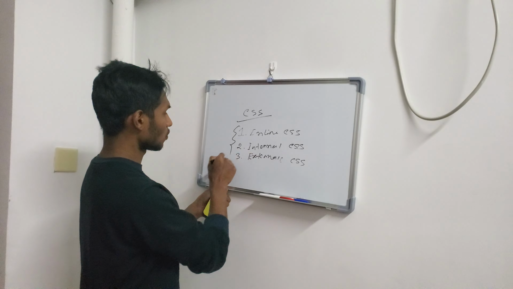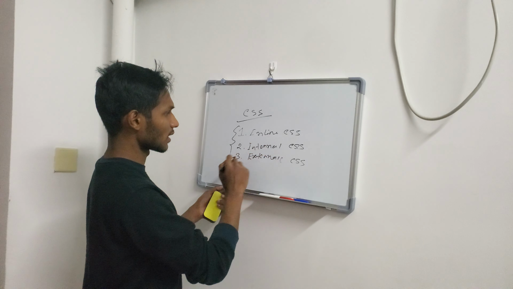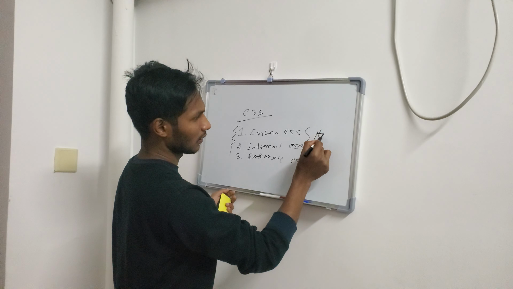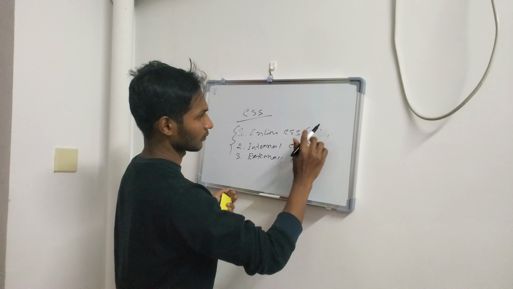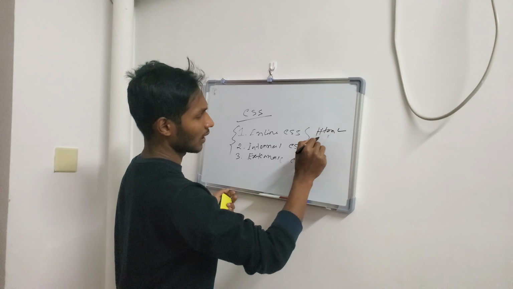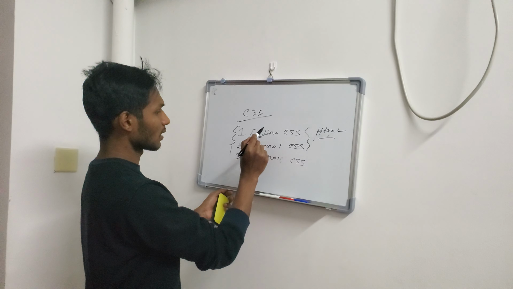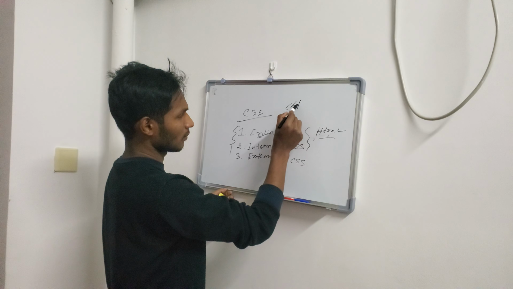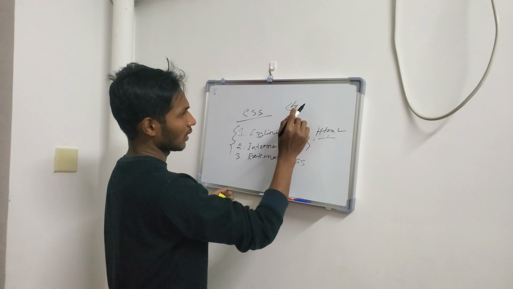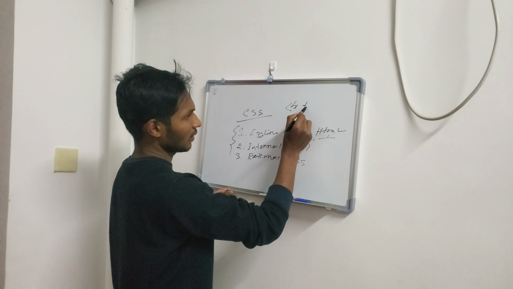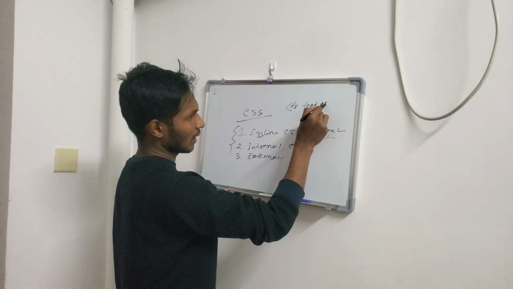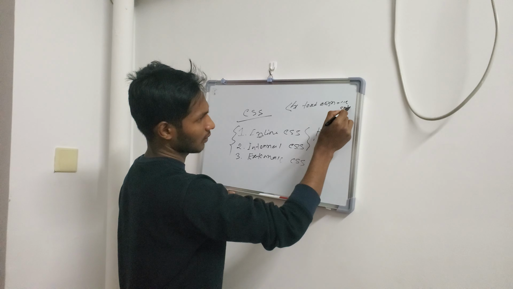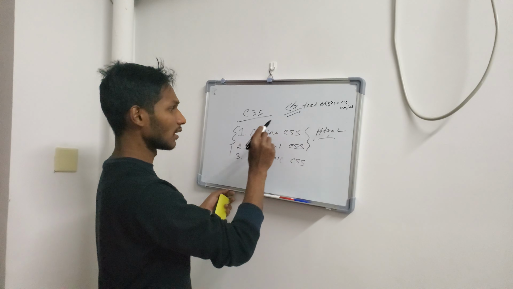Of these, inline and internal CSS we use basically in the HTML file. Inline CSS is basically in the tag. For example, this is an h1 tag, and you write text-align center. This is called inline CSS.